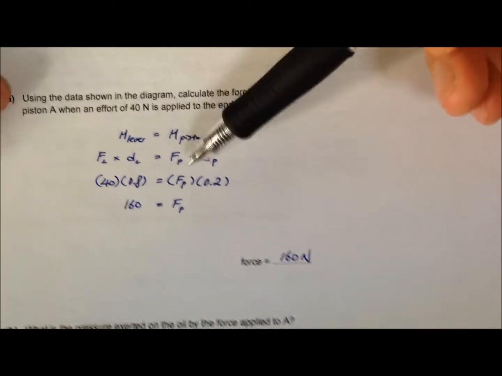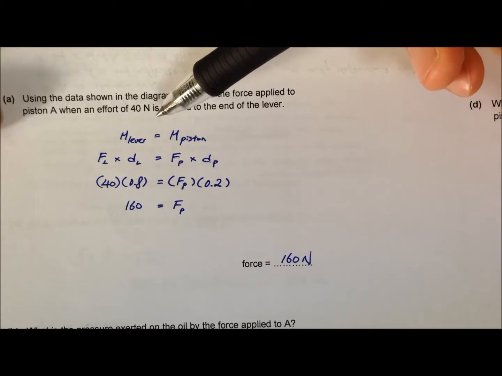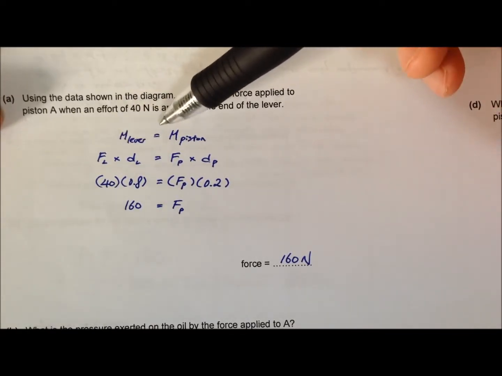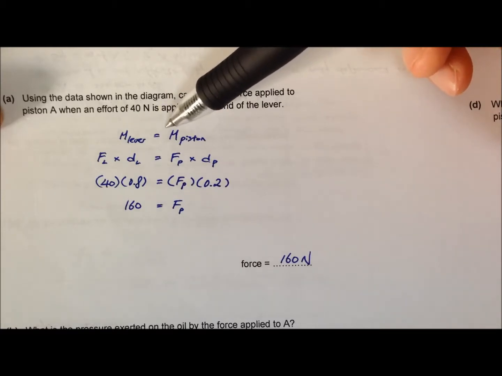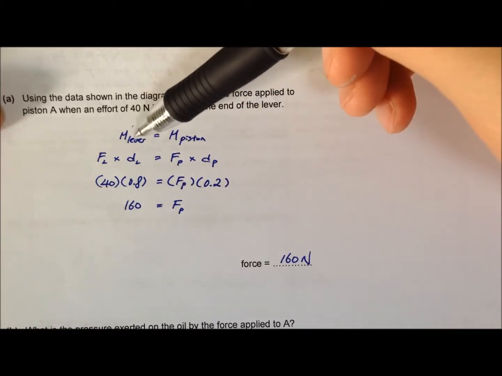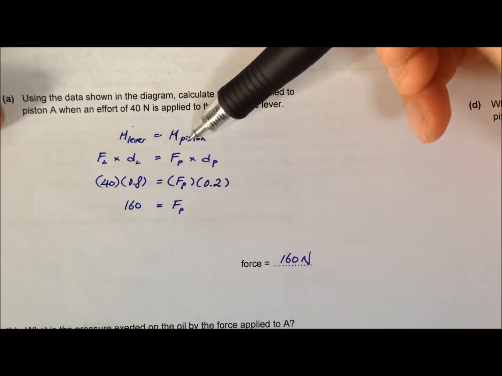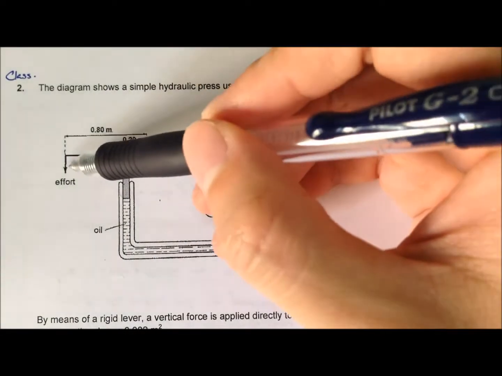So they say that you can ignore the mass of the lever and just focus on the forces producing the moment. So you have the moment from the lever must be equal to the moment from the piston. Why am I saying that? If you look here, there's a force here.